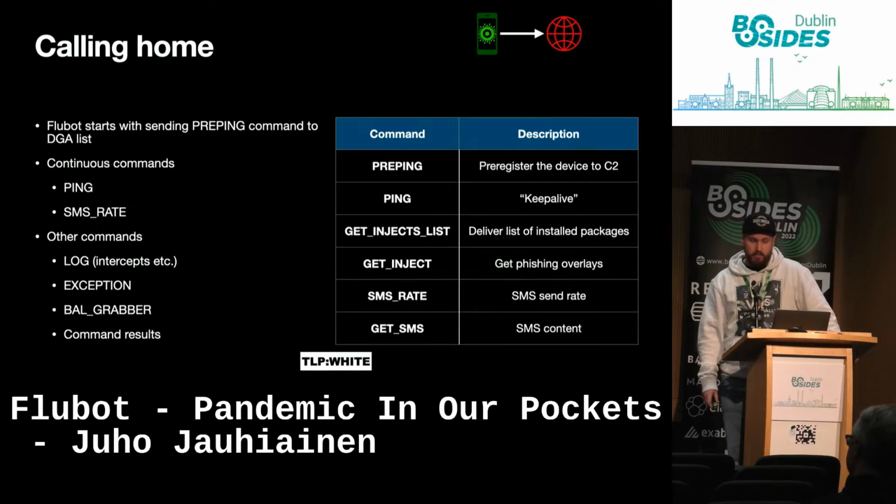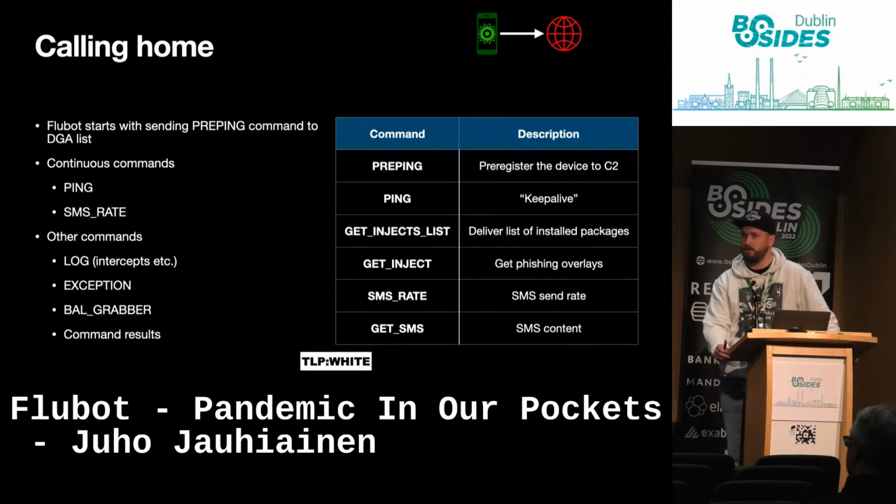It also has the possibility to send SMS content, so it's intercepting SMS messages and delivering all of the contents to the attacker. So bypassing SMS-based MFA is really easy if your phone is infected with Flubot. Also, it will not show the contents to the victim.